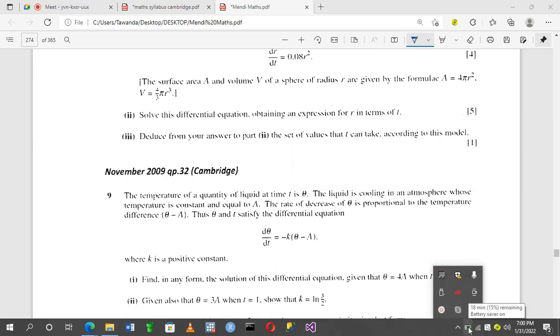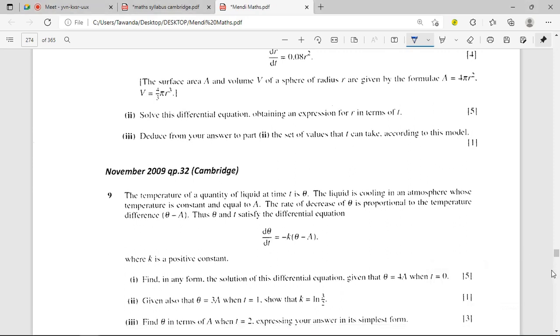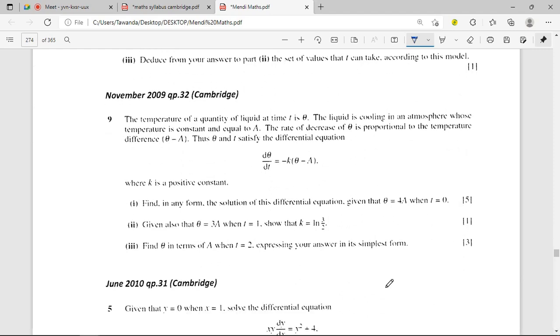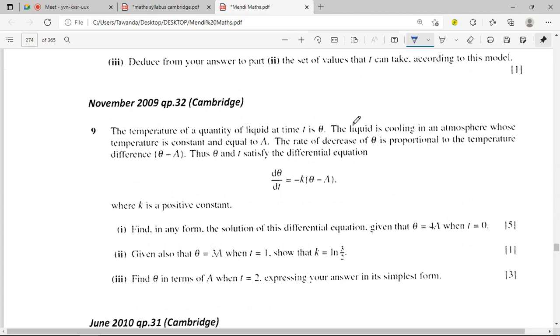Let me see the percentage here. 15%. Can you try to formulate this one? Let's try to do this one. Let me try to take a picture. Can you try to do this one?